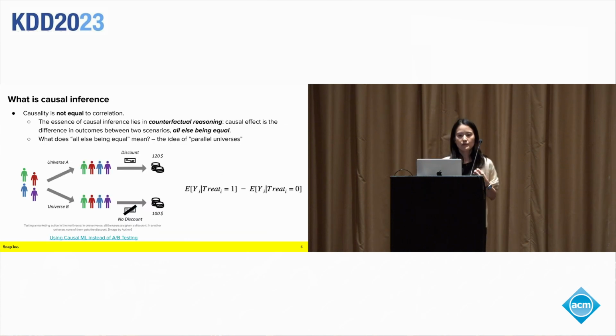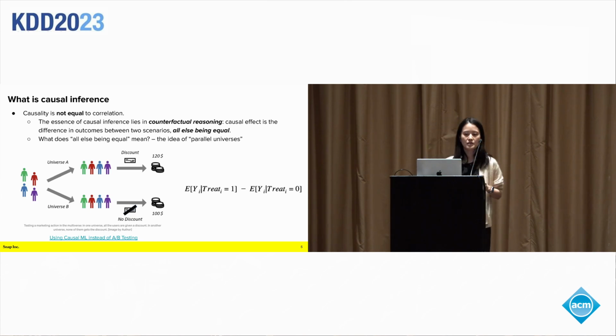The reason is that the essence of causal inference lies in counterfactual reasoning. Causal effect essentially is the difference in outcomes between 2 scenarios, all else being equal. What does all else being equal mean? This is the idea of having parallel universes. Imagine that we have a population. In universe A, this population receives some treatment, which is some discount here.